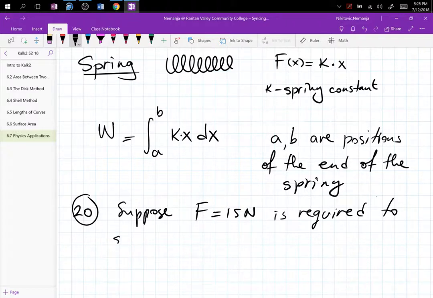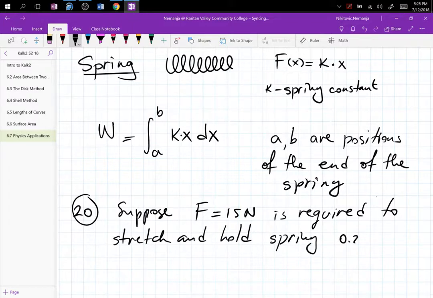So it's required to stretch and hold the spring 0.25 meters from equilibrium.